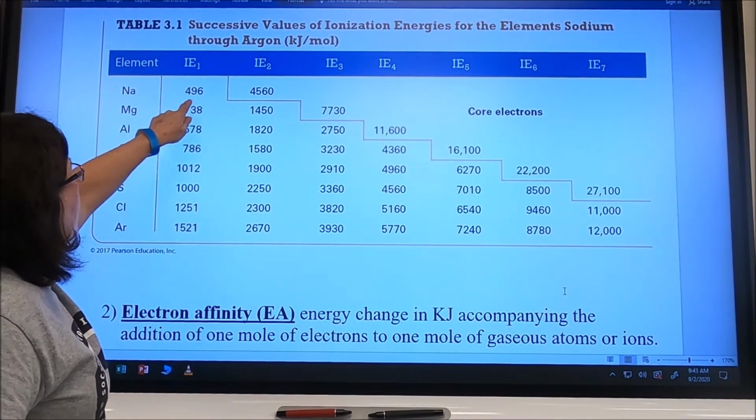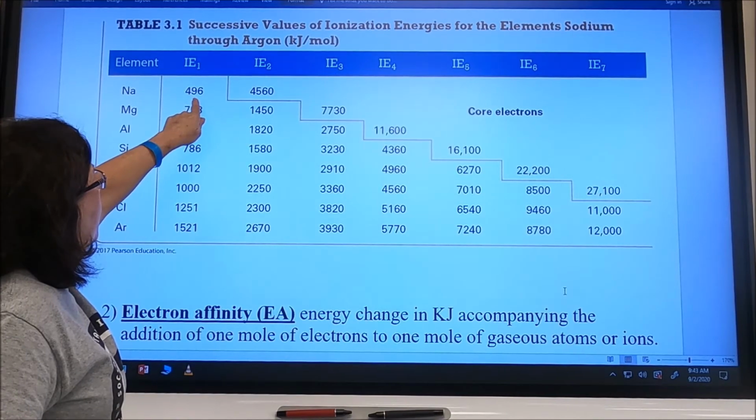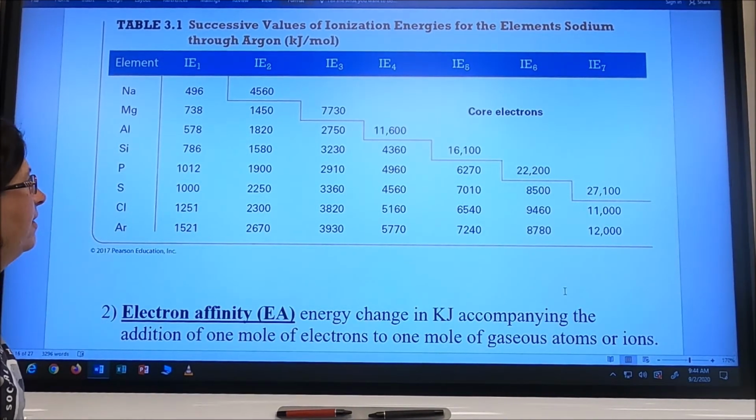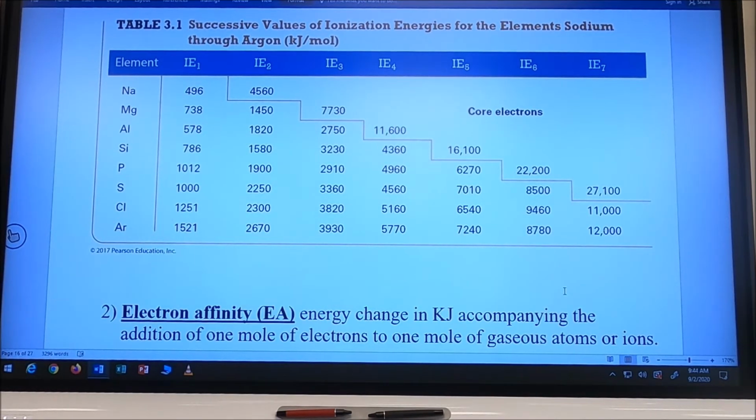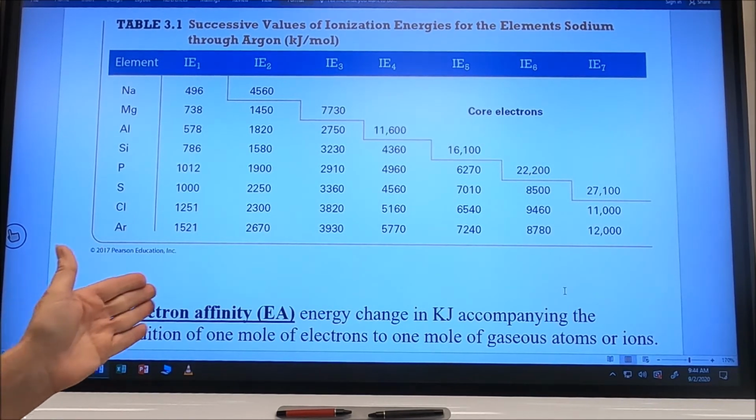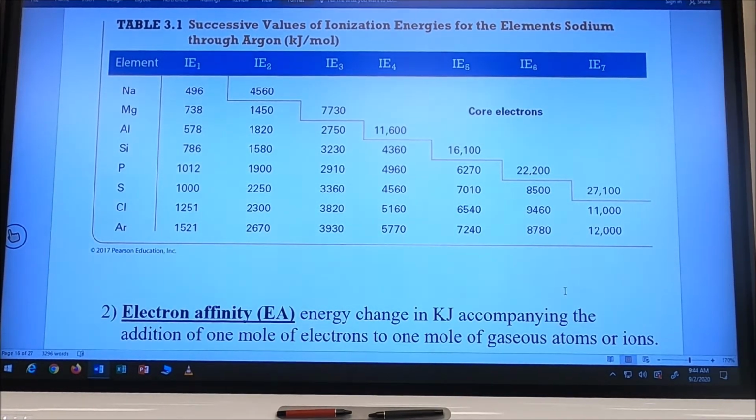Notice that for sodium, removing the first electron takes 496 kilojoules per mole. But if I try to remove a second one, it's 4,560. The reason is sodium only has 1 electron in its outermost shell. To remove a second electron, I've got to remove one from what used to be the core, and that's a whole lot closer to the nucleus. So it's much harder to do.